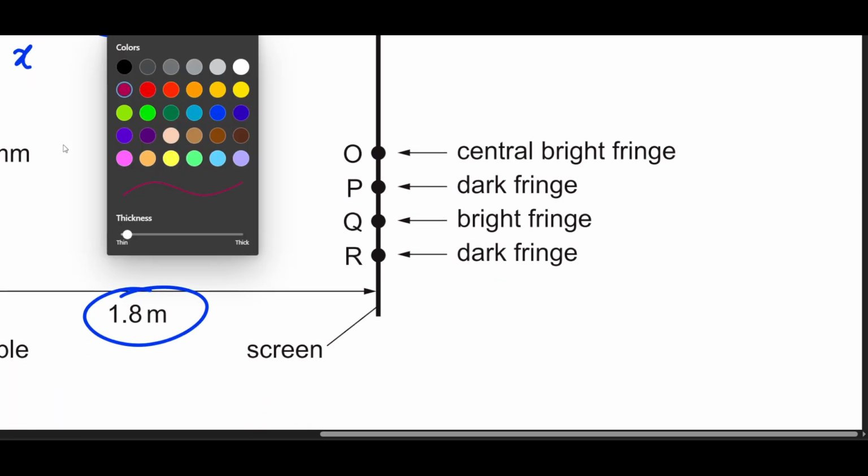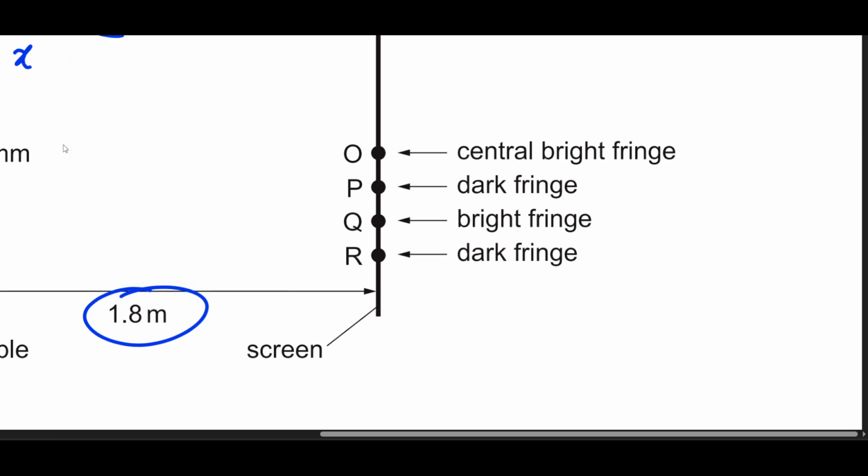Okay, so at the very center, the central fringe has a path difference of 0 lambda, and the phase difference is 0 degrees. When you move on to the next dark fringe, the P coordinate, this path difference would be 0.5 lambda, and the phase difference would be 180 degrees, right?